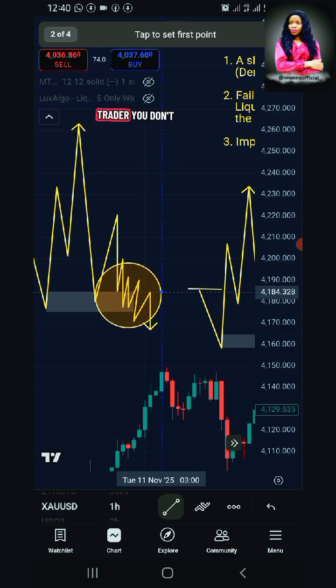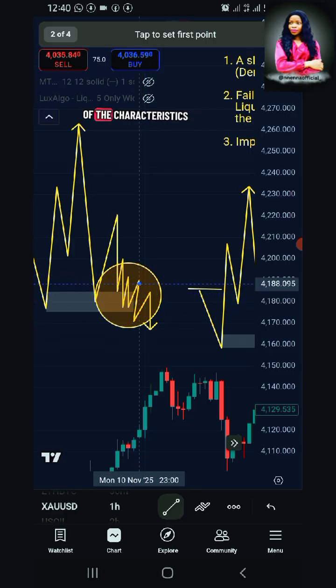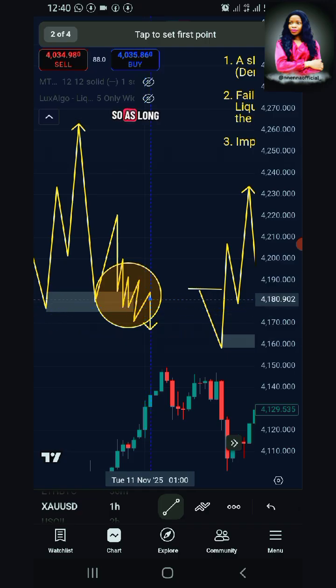As a retail trader, you don't follow your fellow retail traders and trade. You follow the institutions. And one of the characteristics of institutions' footprint is impulsiveness. So, as long as the failure here was not caused by impulsive action, then it is not a high probability flip zone.